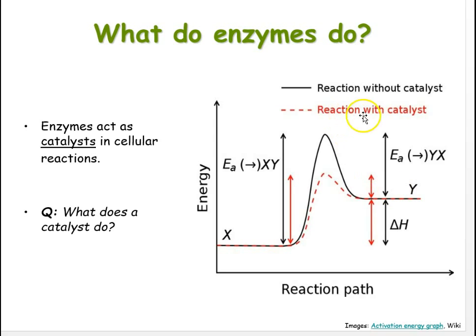Whereas if we have this thing called a catalyst, we call catalysts these specific proteins called enzymes. If you've taken chemistry before and they talk about catalysts, it's something that gets the reaction to occur faster with less energy and less time. So enzymes act as a catalyst in our body, and what they do is make it so things happen faster with less energy.